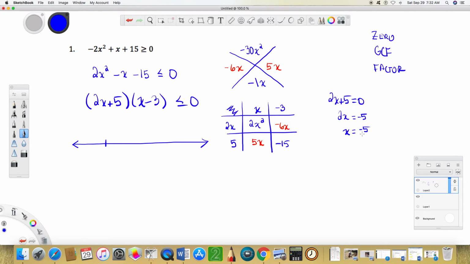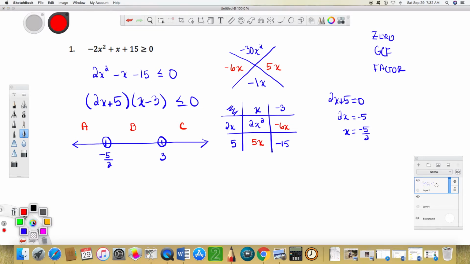You'll sometimes hear these referred to as critical points. -5 halves is to the left of +3. So this divides our number line into 3 pieces that we'll call A, B, and C.